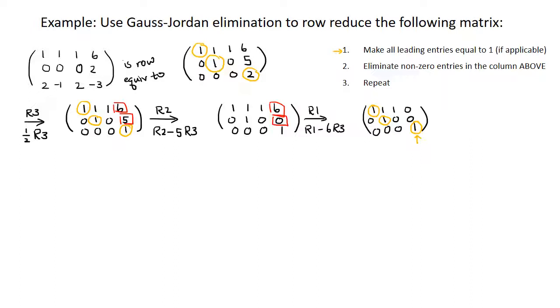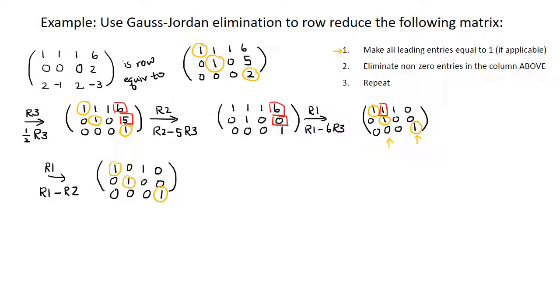Okay, moving on to row 2. If we look at its leading entry, the leading entry in row 2 is 1, and above it we have a 1. So we are going to eliminate this 1 by replacing row 1 with row 1 minus row 2.